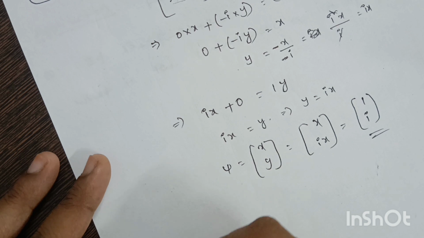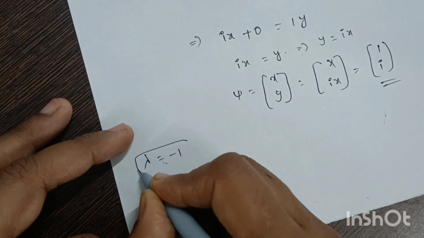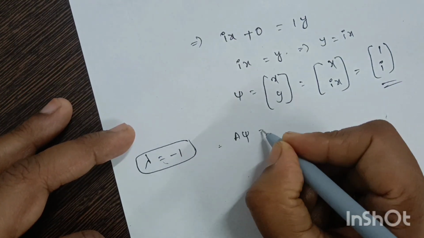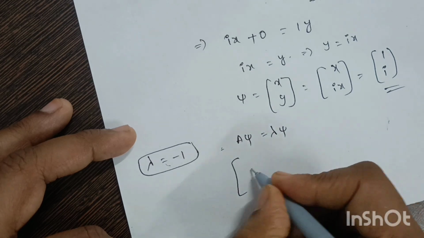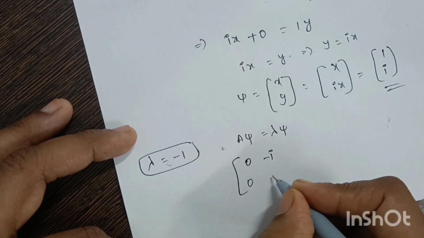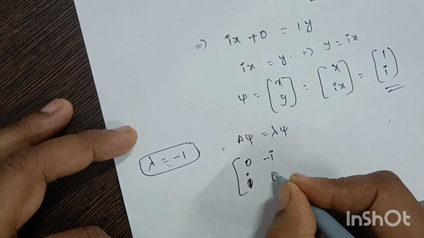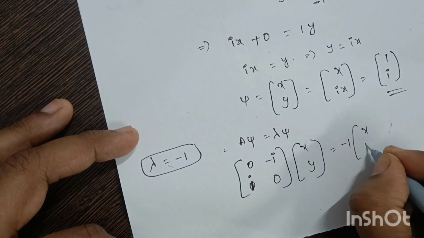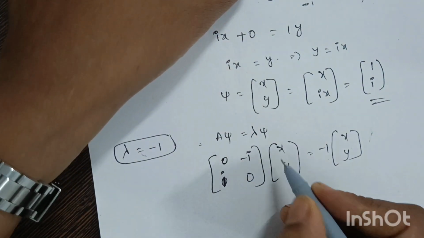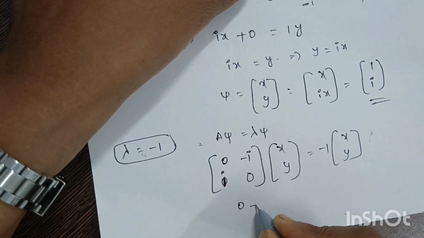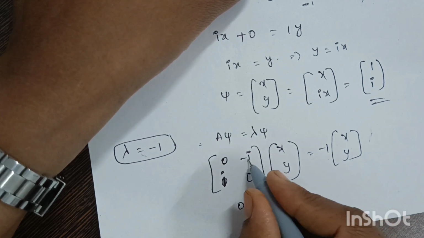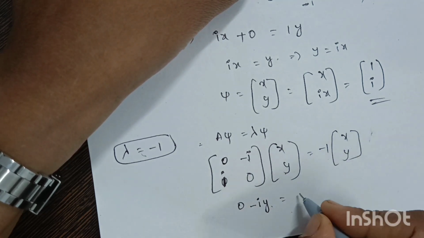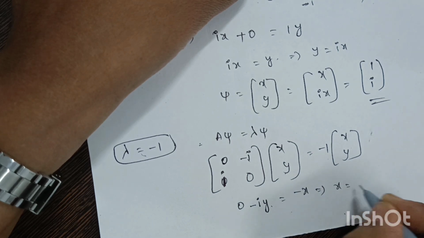And the second one uses lambda is equal to minus 1. Same, A psi is equal to lambda psi. A is 0 minus I, I 0, into psi is x comma y, minus 1 into x comma y. Same thing: 0 into x, 0 minus I into y, minus iy is equal to minus x, so x is equal to iy.